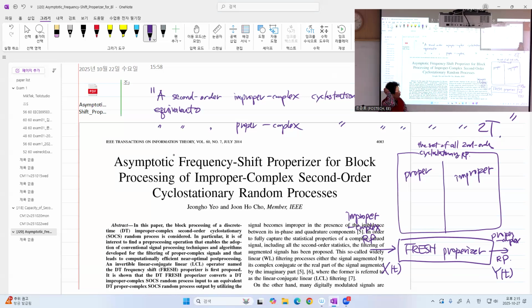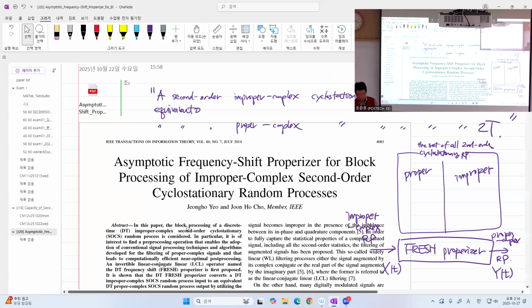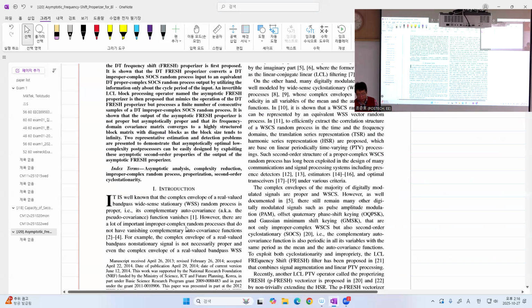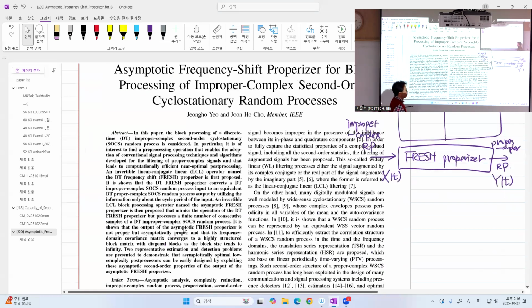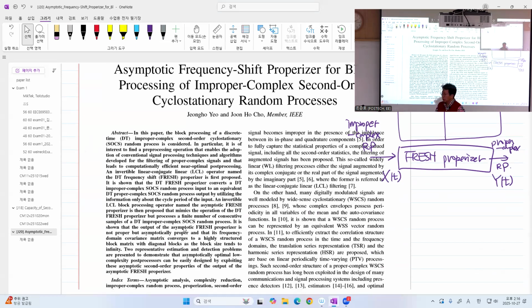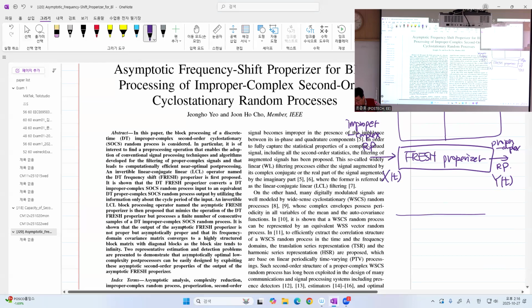In this case, you have a scalar valued random process in and a scalar valued random process out. And what kind of transformation occurs in this fresh properizer? That's very, very interesting, and again very closely related to what you already know. When I talked about the spectral correlation in improper complex random processes, I told you something like this.